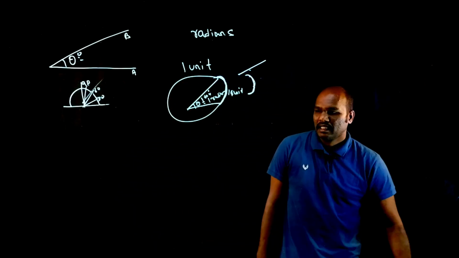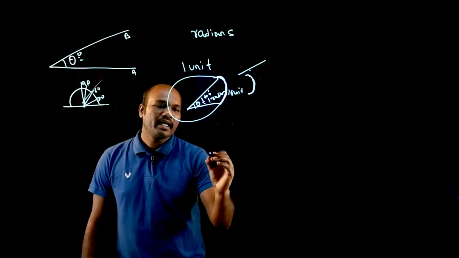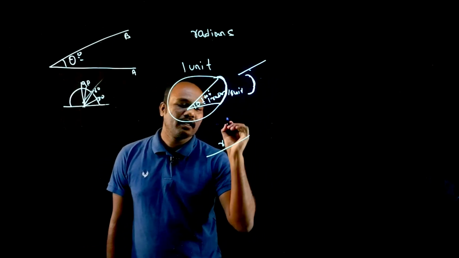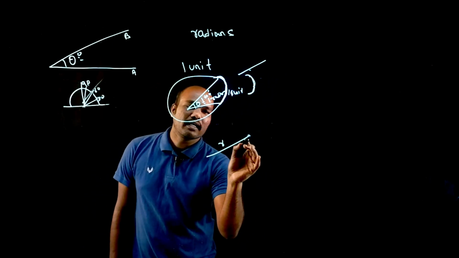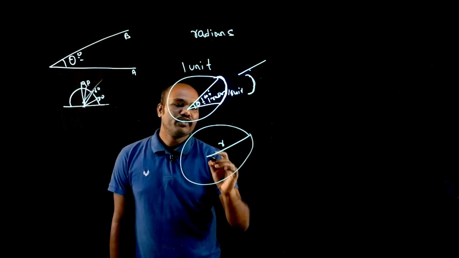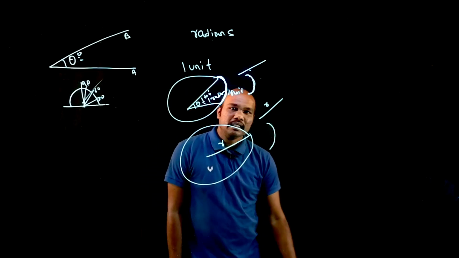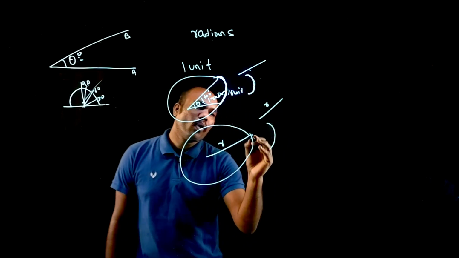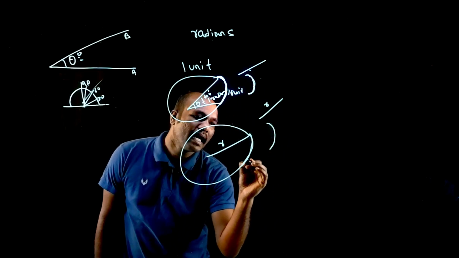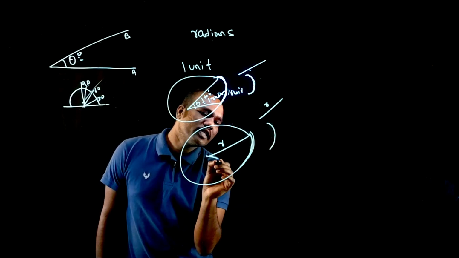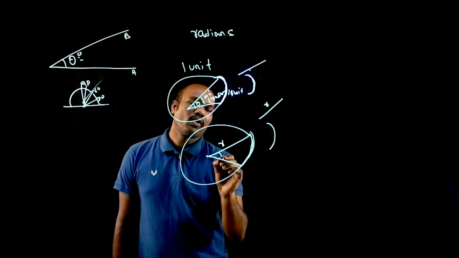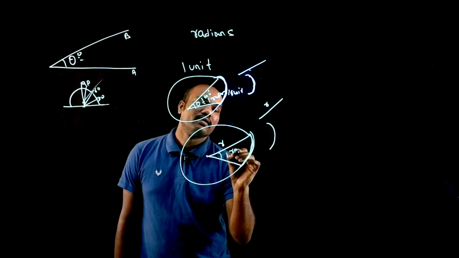What did I do? Let's generalize. If you have a circle and you take a radius R, bend it into an arc, and keep it over the circumference, it creates an arc, and the angle subtended by this is called 1 radian.